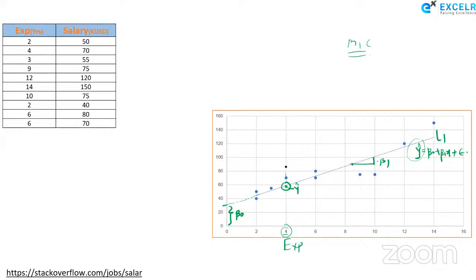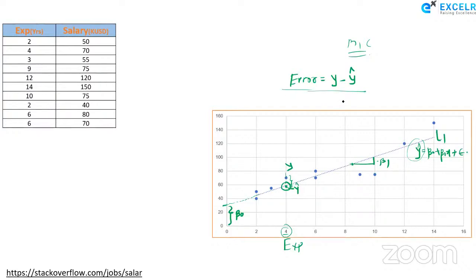So this actual dot is your y. And the difference between your y and y cap is what? Error, right? Actual minus predicted. Yes or no? Everyone with me?